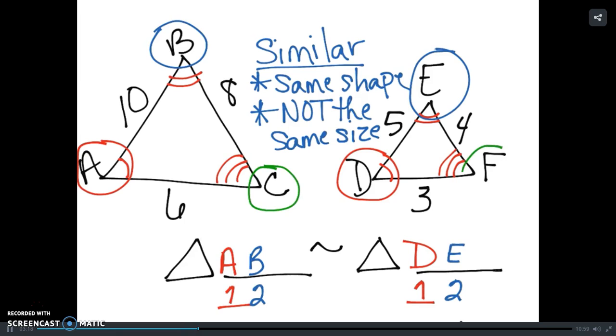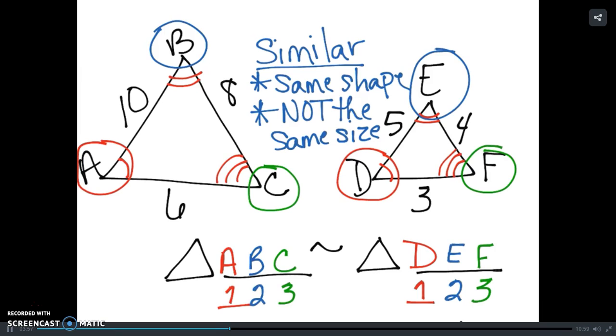And angle C and angle F both have 3 tick marks, and so they both go into the third position. Now remember, if we were dealing with a quadrilateral, there would be 4 positions and you wouldn't have the little triangle in front. It would just be quadrilateral ABCD is similar to, and you'd use the second name. That works for any polygon. Some of those might end up with quite a few letters in their name, and the order of all of them matters. That's going to be really important.